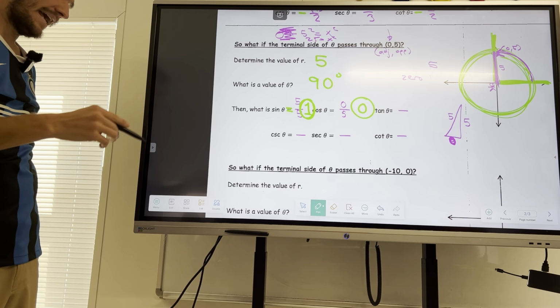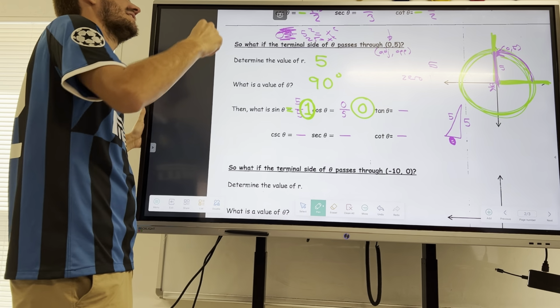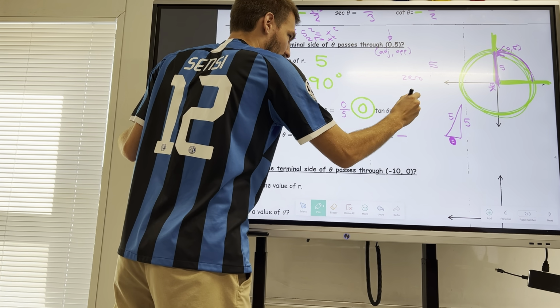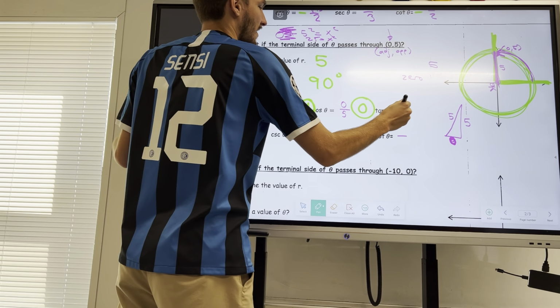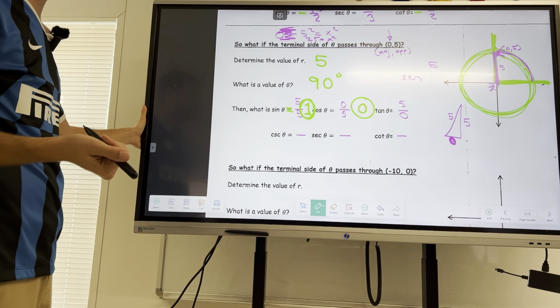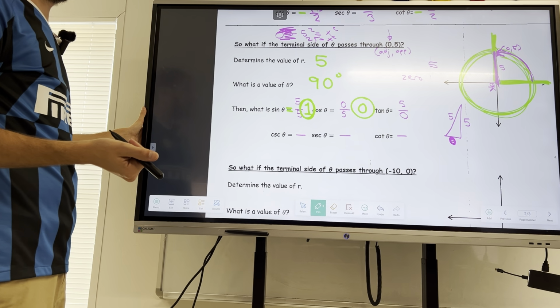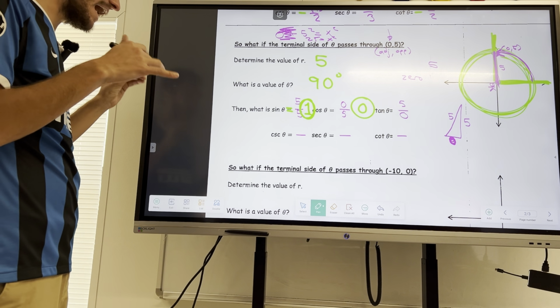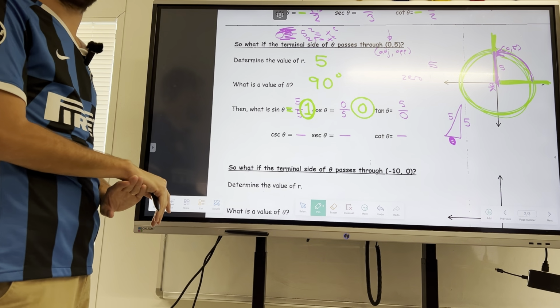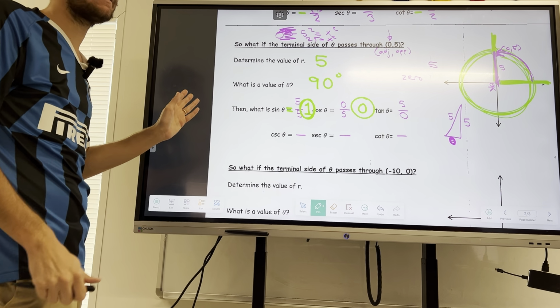Okay, so let's do the tangent. Tangent is opposite over adjacent. What's the opposite number? 5. And what's the adjacent number? 0. And what happens if you divide anything by 0? So remember, dividing by 0 is the worst thing you can ever do when it comes to math. We hate dividing by 0.